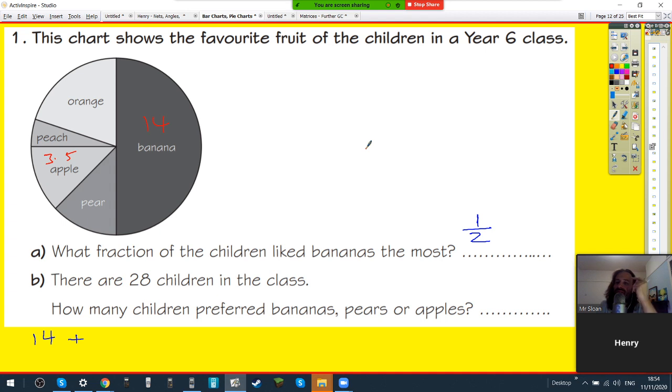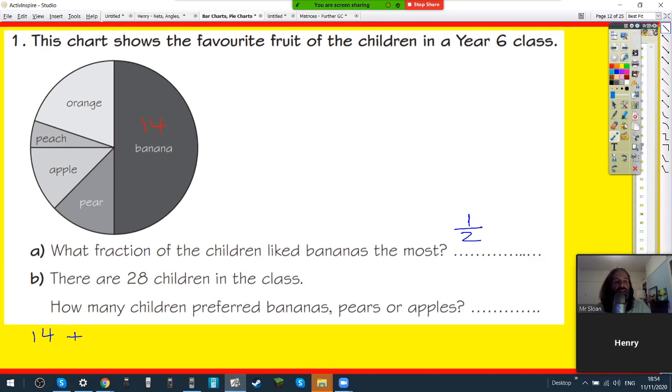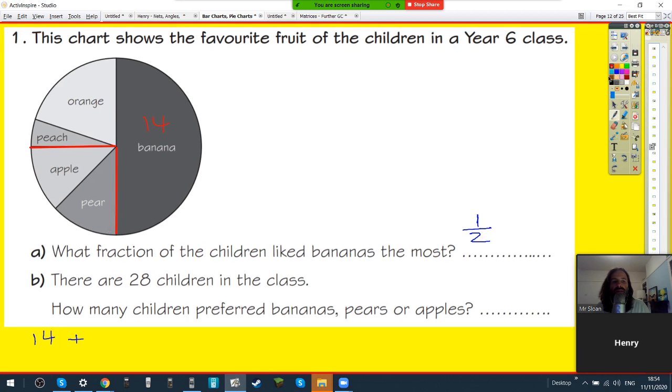I think it's a bit difficult to see, but overall it's basically 1/4 is apples and pears, which is 7. And so 14 add 7 is 21.